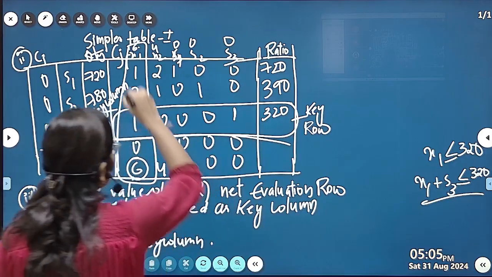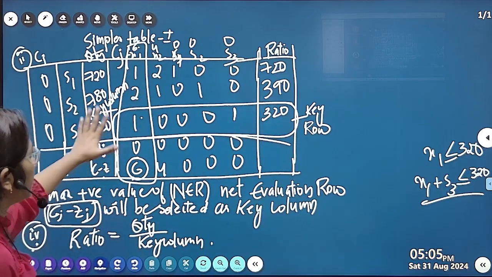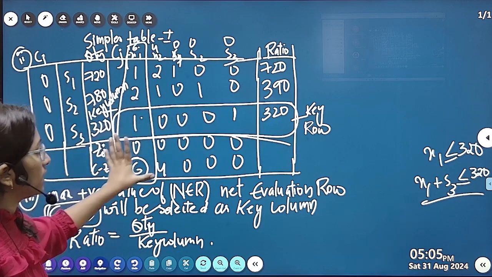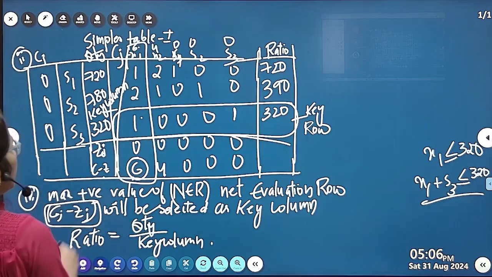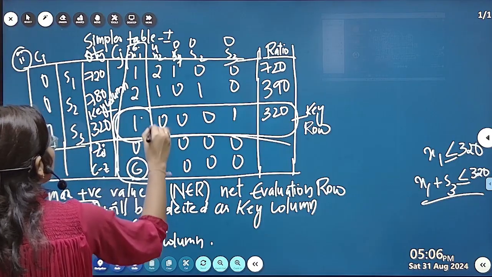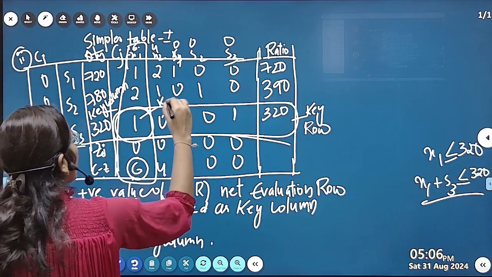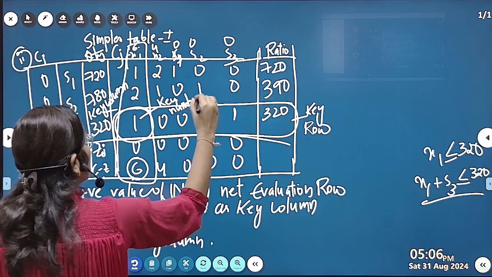So this is the key column and this is the key row. Is there any number which is intersecting in both this key column and key row? 1, right? Okay, so this is the key number. Right over here, this is the key number.